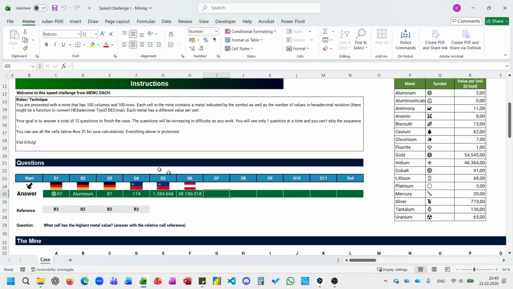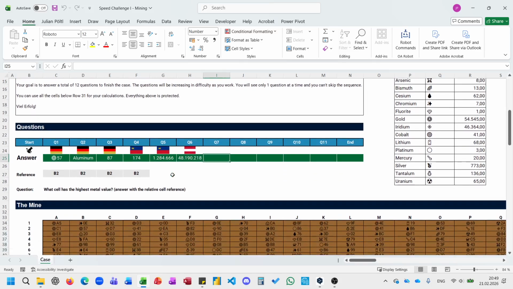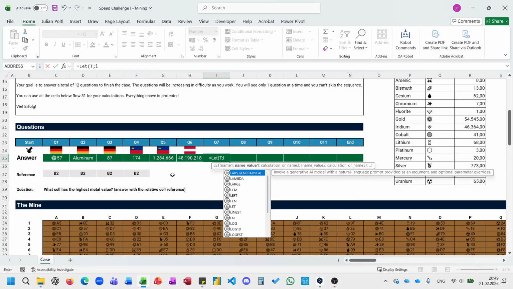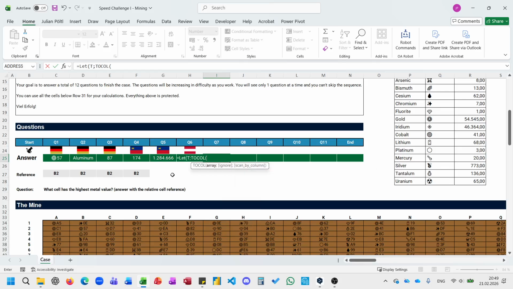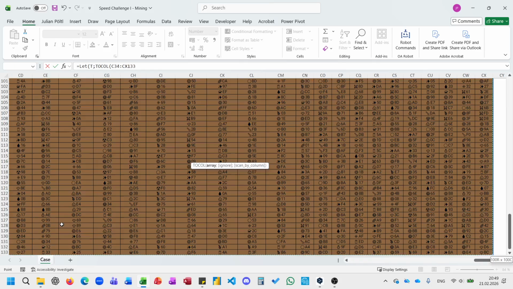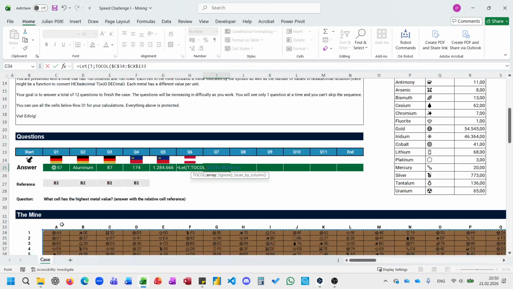What cell has the highest metal value? Answer with the relative cell reference. So we do the following: TOCOL of the map, and addresses are TOCOL.